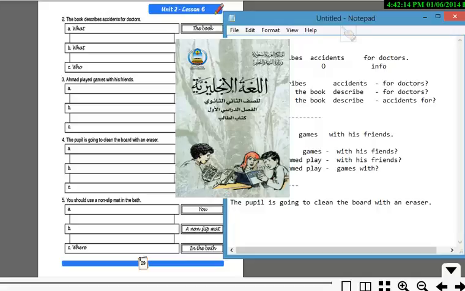We're going to start by asking about the pupil. So who, and I'm going to use the same sentence again. Who is going to clean the board with an eraser? And then there's the board. So what? The board is something.